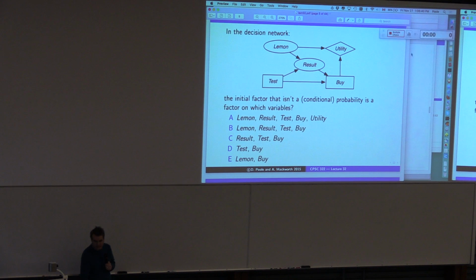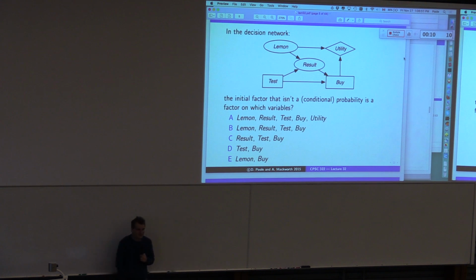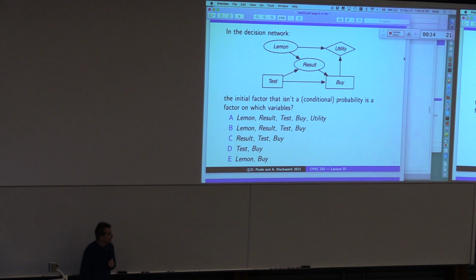There's always one more than the number of conditional probabilities. I want to know here about the initial factor that's not a conditional probability. It's a factor on which variables? There are three factors. We've seen two of them. They're the conditional probabilities. What's the other factor a factor on?